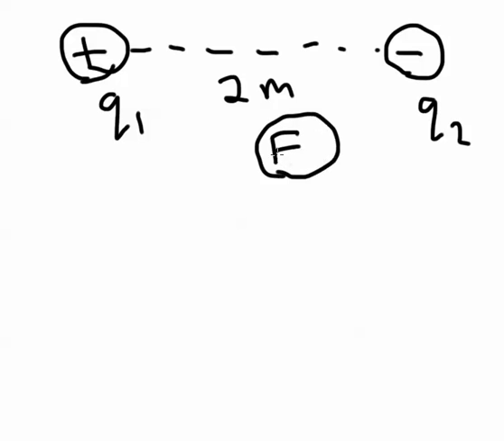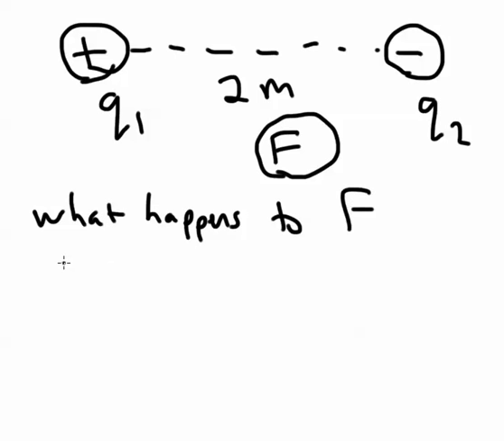We'll call it F. So the question is, what happens to the force if the 2 meters become 6 meters? Well, this is tripling the distance. All we're doing here is tripling the distance, so we can use the proportional reasoning trick.